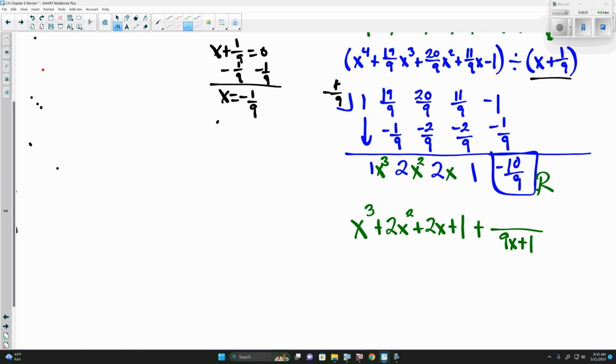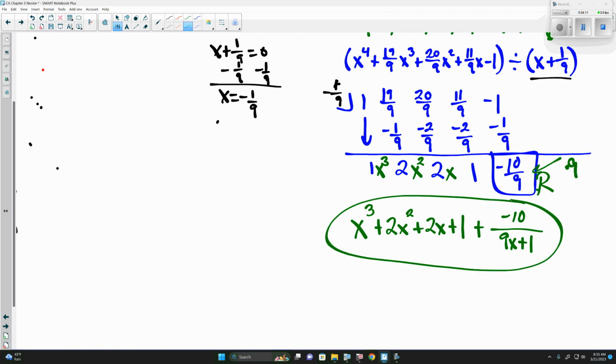But to go from x plus 1/9 back to 9x plus 1, we had to multiply by 9, yes? Which means this remainder is also going to have to be multiplied by 9. And what is negative 10/9 times 9? Just back to negative 10.